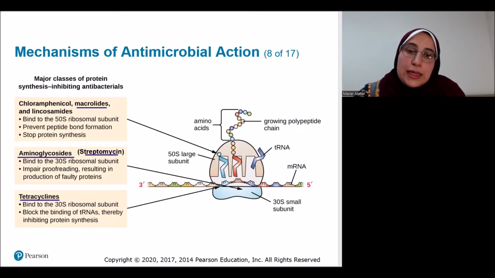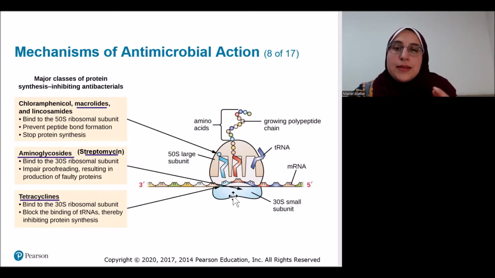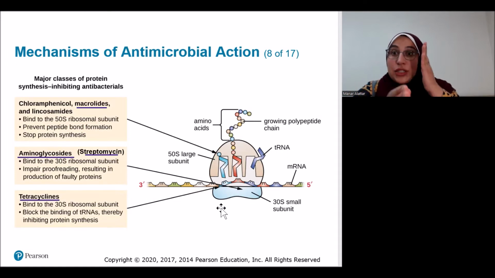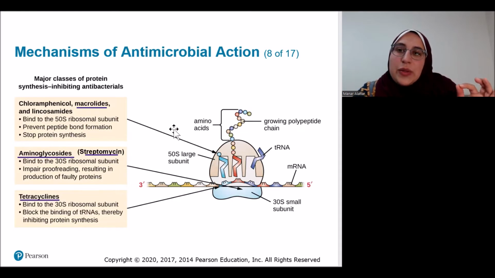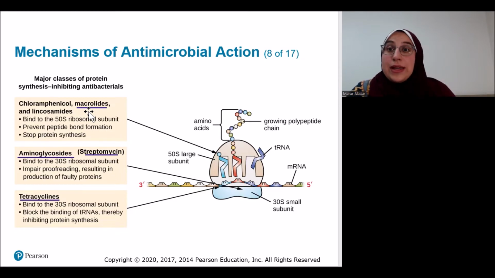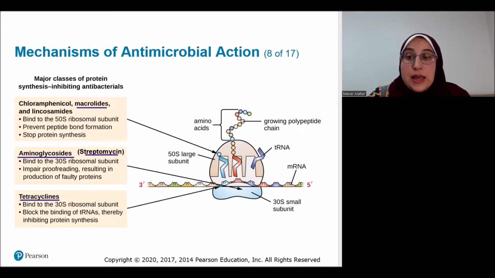Whereas tetracycline also binds to the 30S subunit, but instead of just changing its shape, it stops the mRNA from passing through. So it has a similar mechanism to macrolides in that it stops codon reading, and in that way it stops protein synthesis. You completely inhibit protein synthesis in that way.